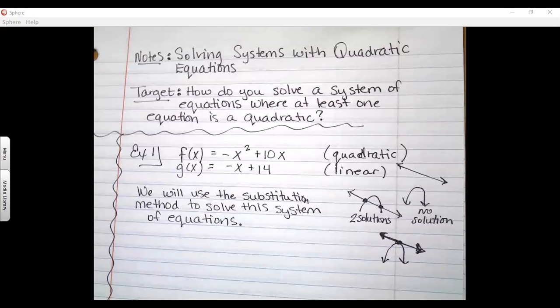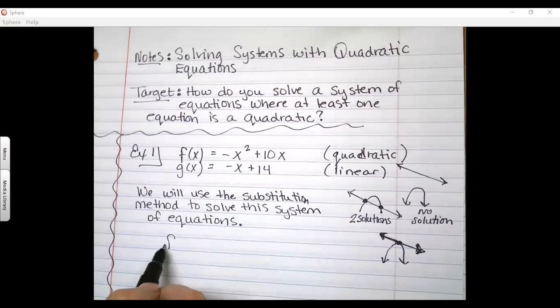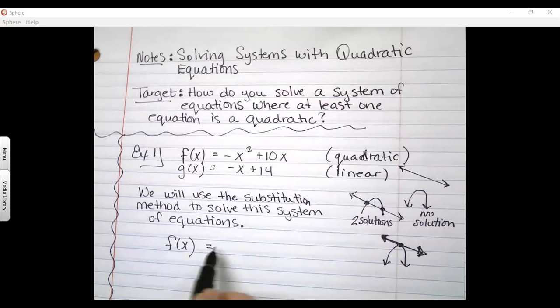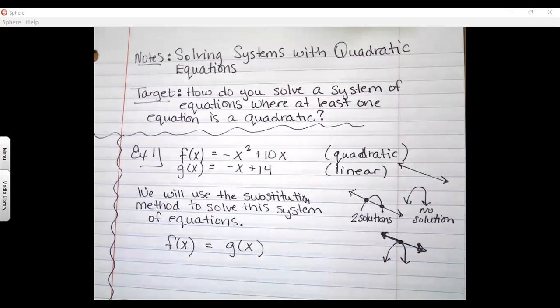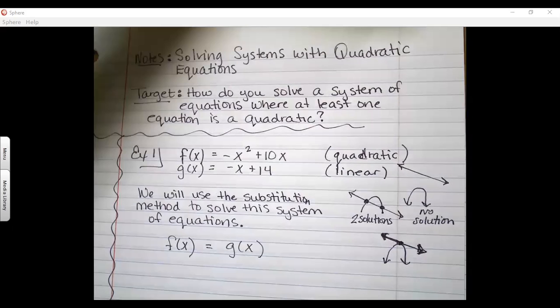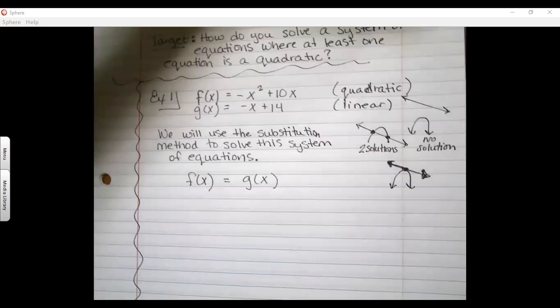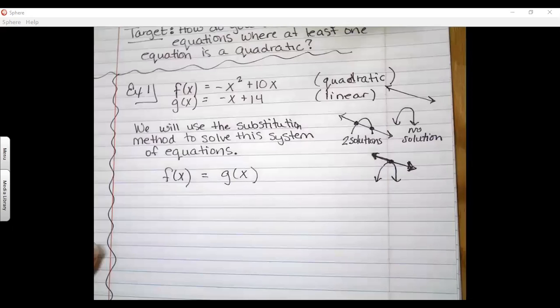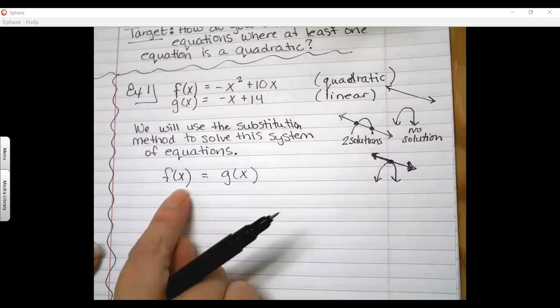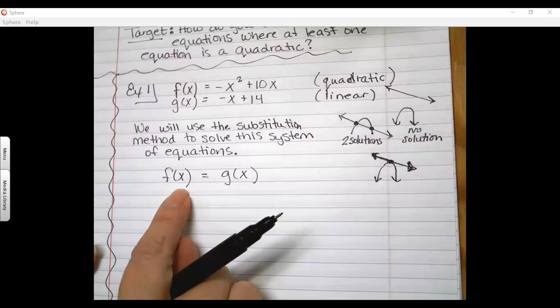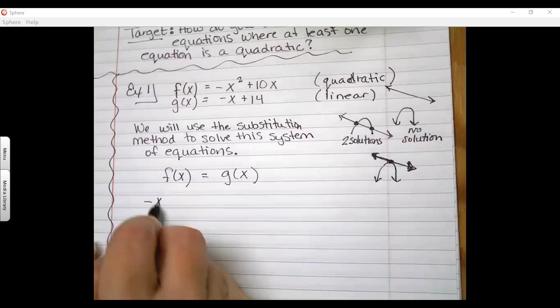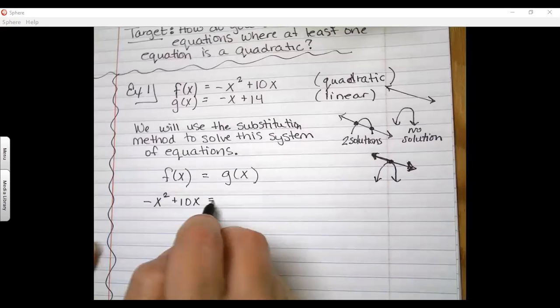Okay, so I want to know, when does function f equal function g? So I'm going to substitute what function f is equal to. Function f is equal to negative x squared plus 10x, and I'm going to set that equal to what function g is equal to. Function g is equal to negative x plus 14.